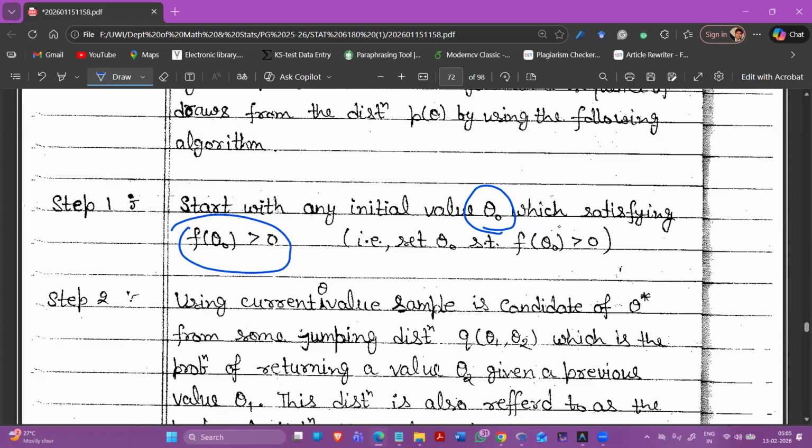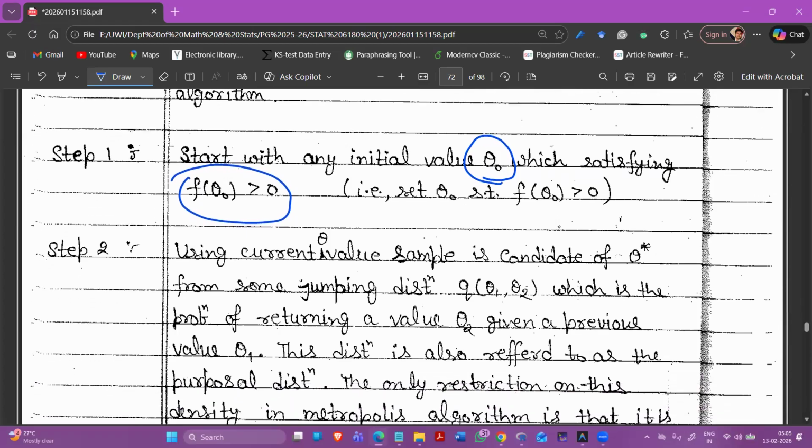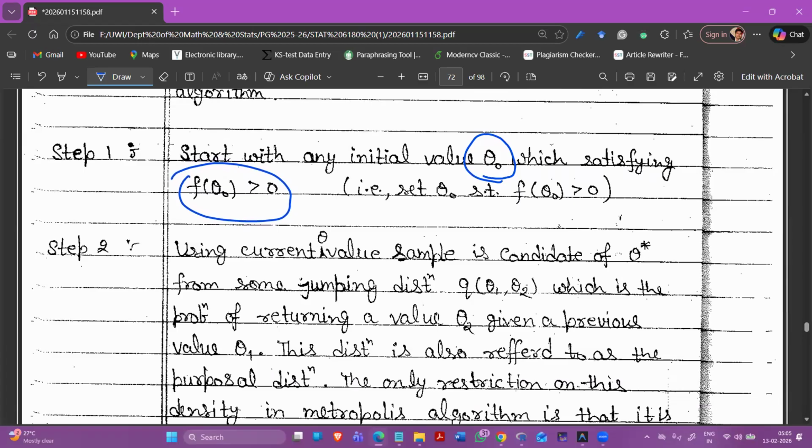All right, because the density should be non-negative, right? If it is not greater than 0, you cannot use theta naught here. So when you choose theta naught, you are free to choose it, but it should satisfy this condition mainly.